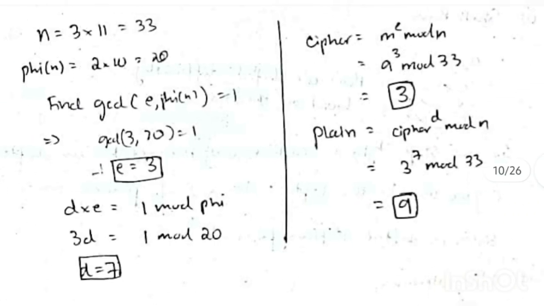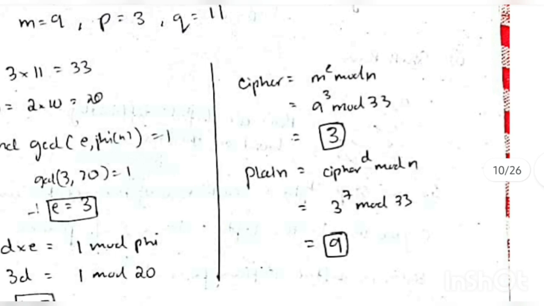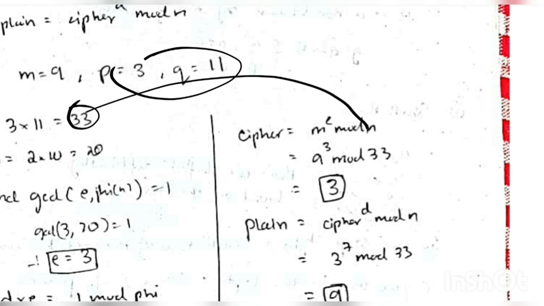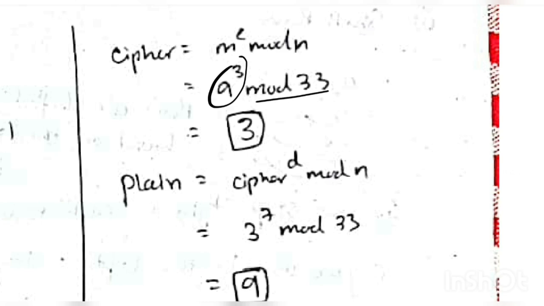After you have selected the D value, apply two formulas. M is the message to be transferred, which is given here as 9, and N is P into Q, which is 33. So you write here using this formula and find 9 cube mod 33. What is 9 cube? 9 into 9 into 9.